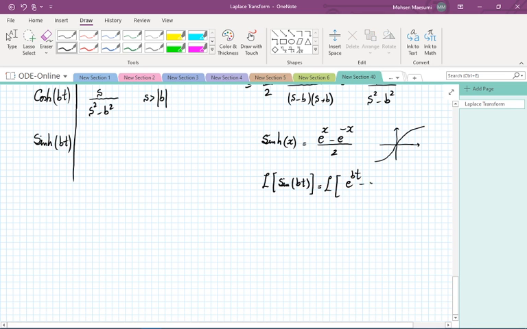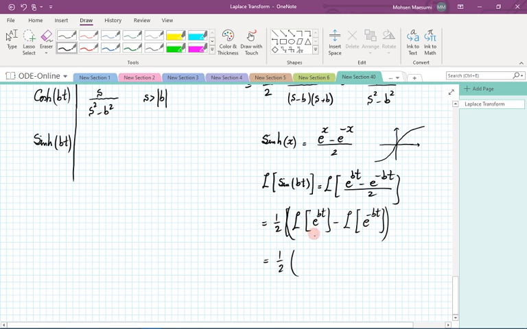Now, well, we learned what the trick is. Exponential of bt minus exponential of minus bt over 2. We break it up into two pieces. So it becomes 1/2 of, we learned the trick, that was 1 over s minus b, and this one became plus b.